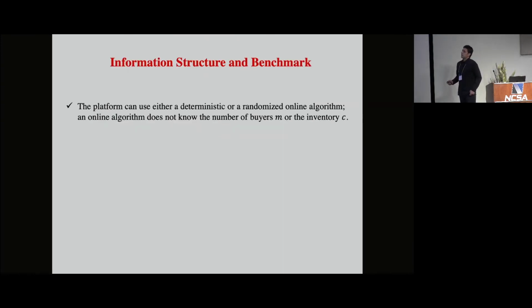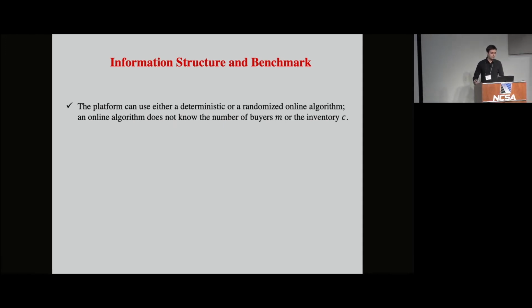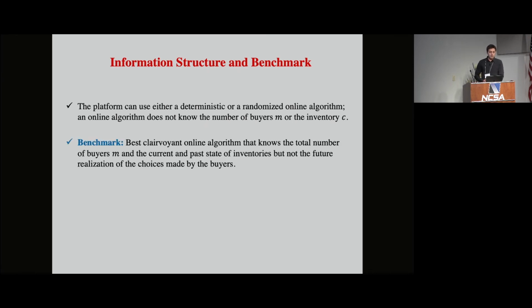So now, a few quick remarks about the information structure of the problem. We are interested in either deterministic or online algorithms to come up with a good competitive ratio for this problem. By online algorithm, I'm referring to the scenario where we don't know the number of buyers and we don't know the inventory levels a priori. And we want to compete against the best clairvoyant online algorithm.